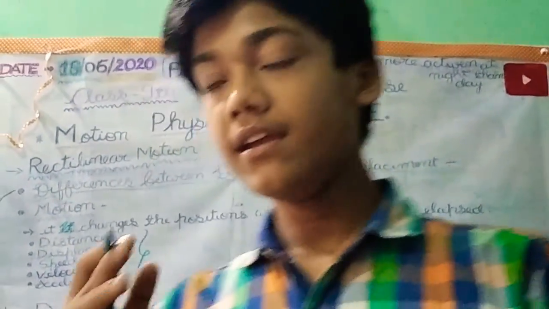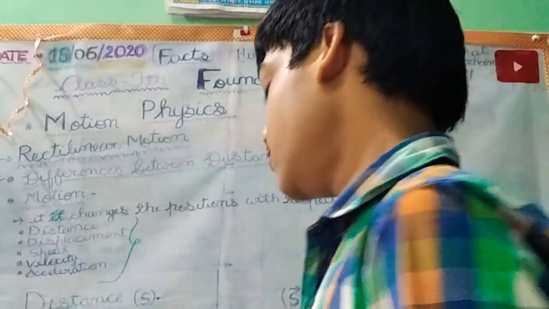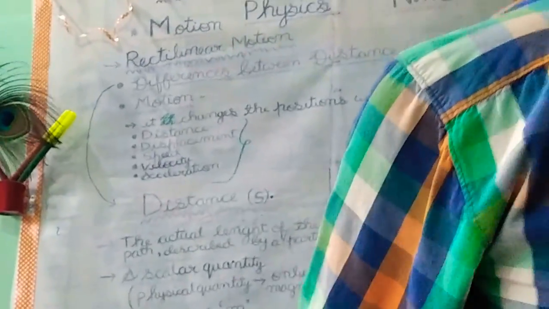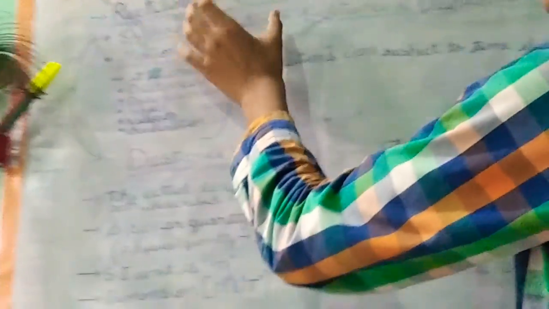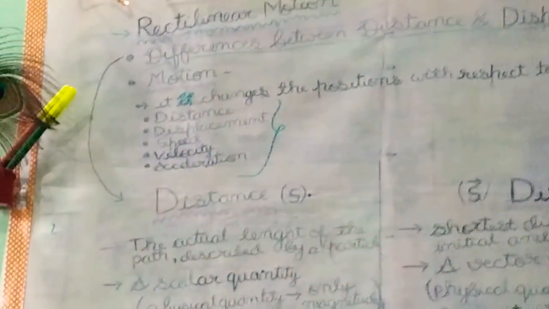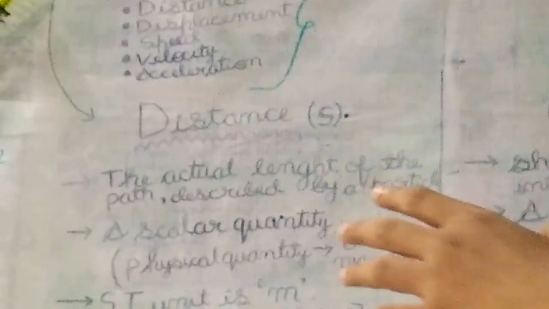So we go ahead into the differences between distance and displacement. Firstly we talk about the distance. We denote the distance by s and displacement by s vector, because displacement is a vector quantity. What is distance?